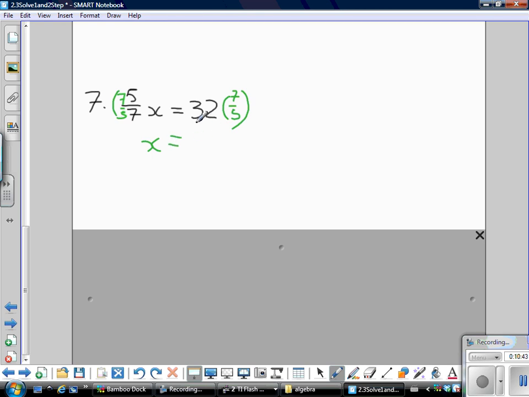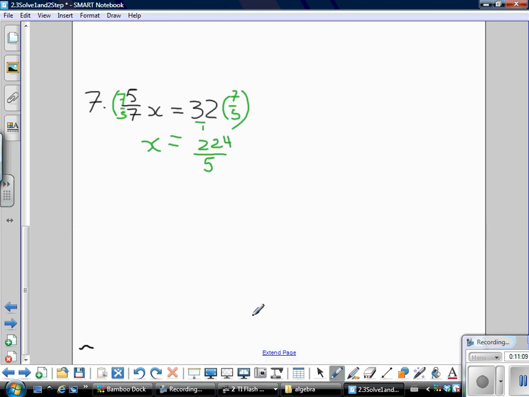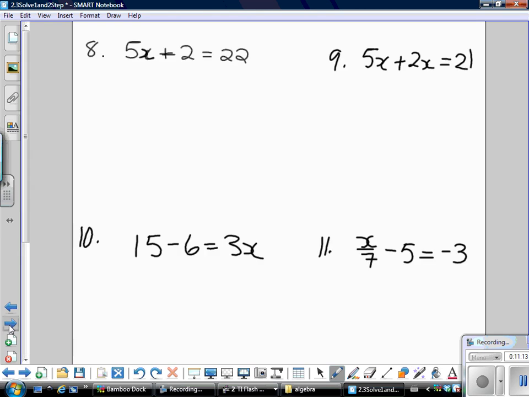So 32 times 7, so we're looking at 224. And then 1 times 5 is 5. So we can leave it as an improper fraction of 224 over 5. Okay, so sometimes our answers aren't beautiful. Well, all of the answers are beautiful, but that gives you some kind of idea. Let's go to the next page.